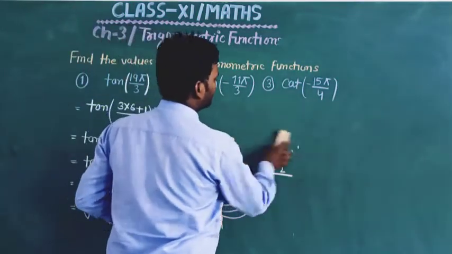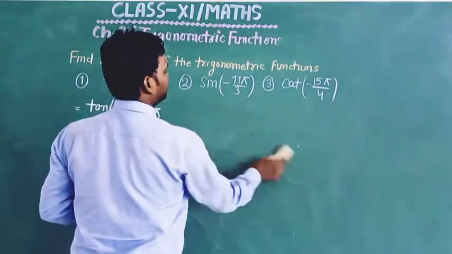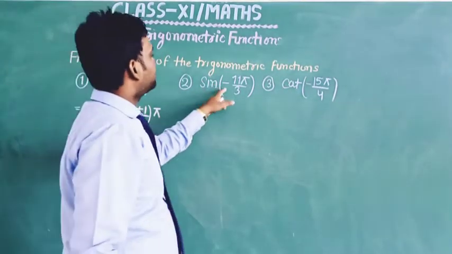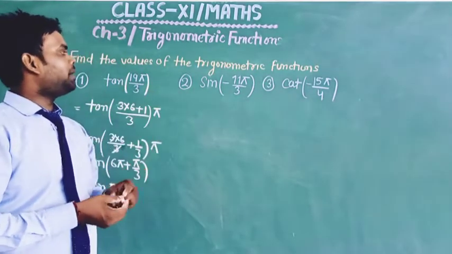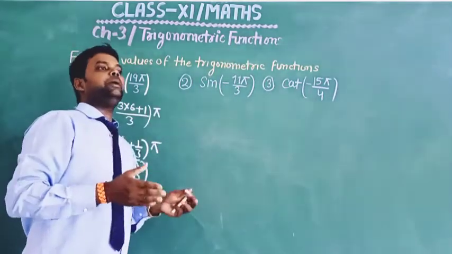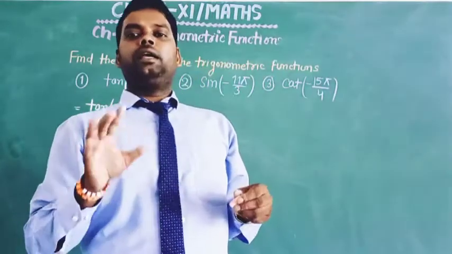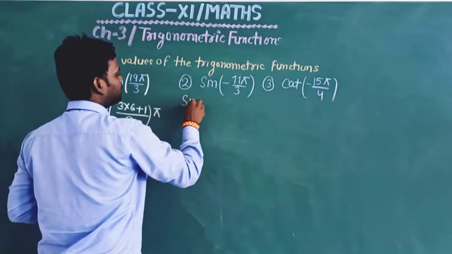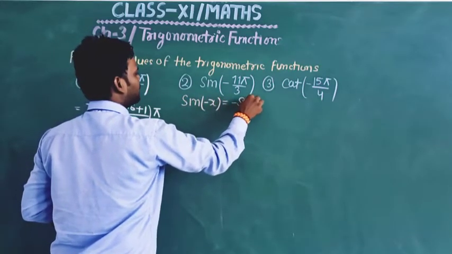And similarly we will find the value of the trigonometric function sin(−11π/3). So as we know the relationship between minus x and x, we know sin(−x) equals −sin x.